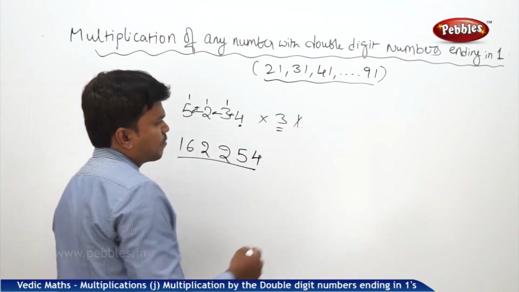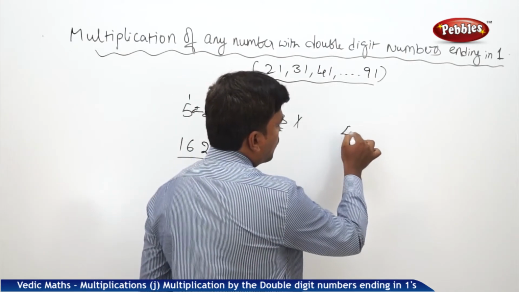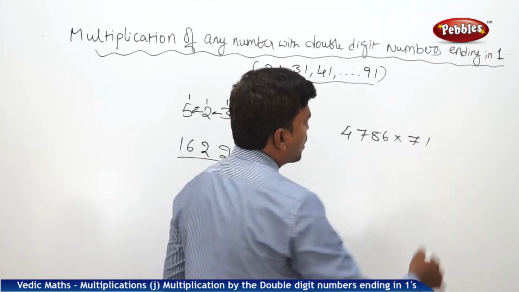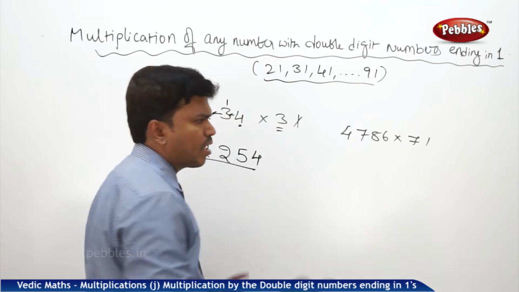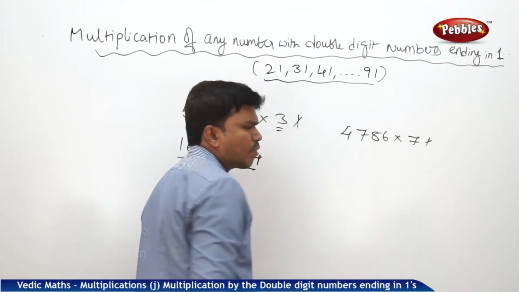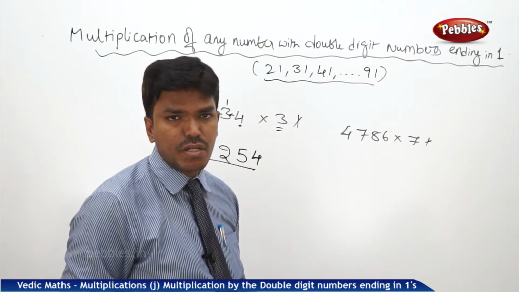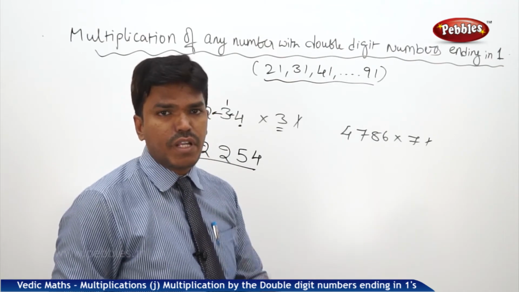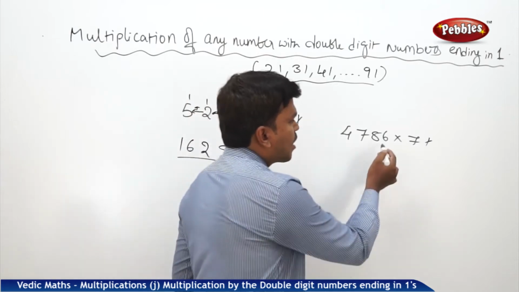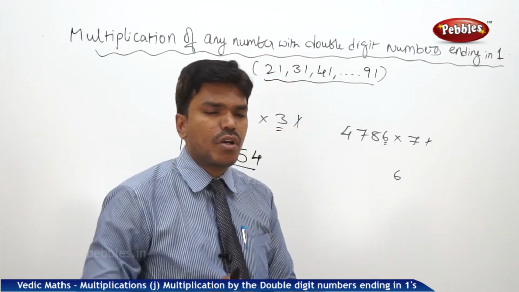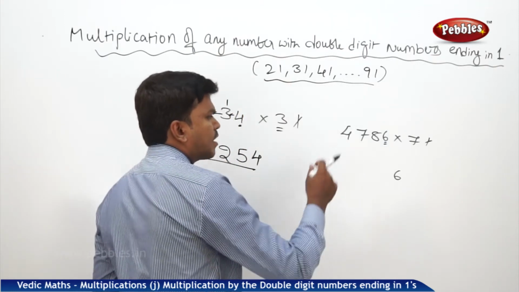One more example. Suppose 4786 into 71. I want to multiply 4786 by 71. First, ignore the 1. What is the very first step you need to follow? When multiplying with double digit numbers ending in 1, the first step is to drop the rightmost digit as it is, that is 6. After dropping this, you start multiplying with the main digit, that is 7.